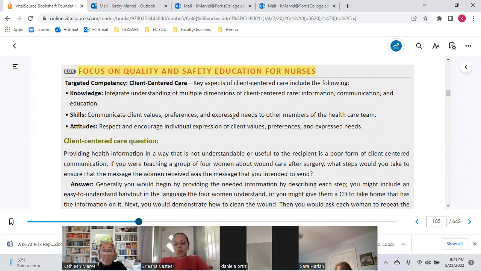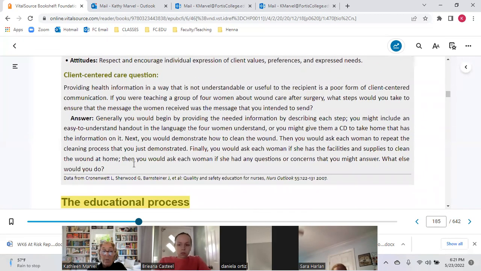Each chapter goes through different competencies. This one is client-centered care. If you read through this, it addresses health education, providing health information. So have a look at this box. Really helpful information and pulling it all together.